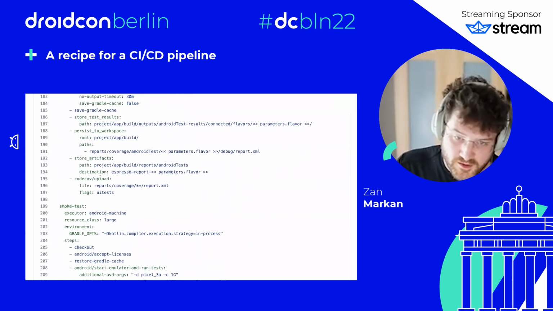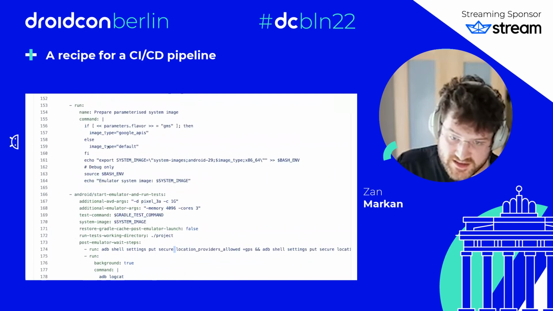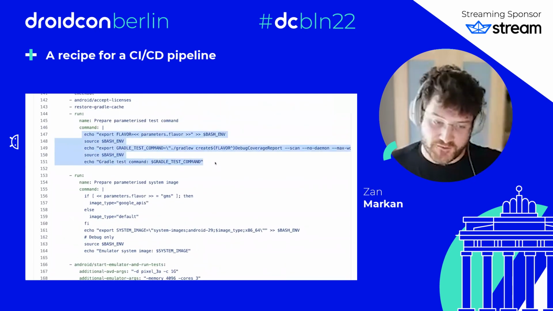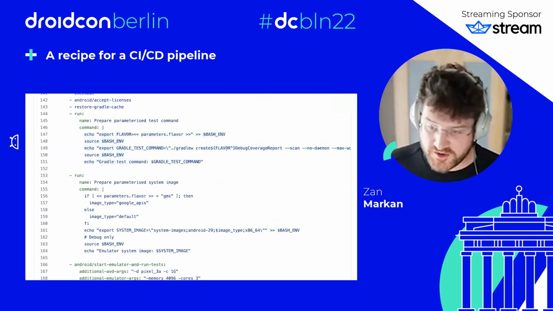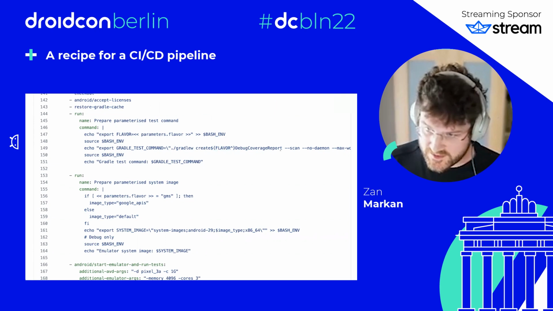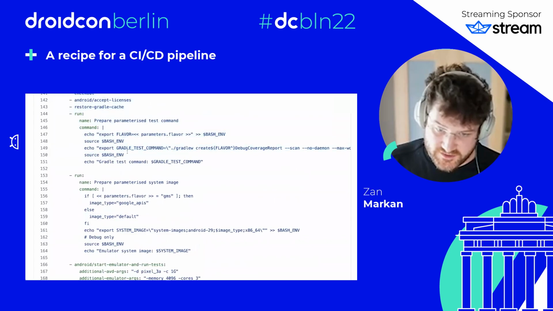And then, where is it? Yeah, the Gradle test command is actually created beforehand, because obviously we need to know what flavor we're running against. So create this GMS flavor and or OSS flavor command, and that's obviously what gets executed.